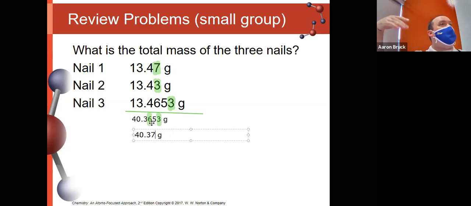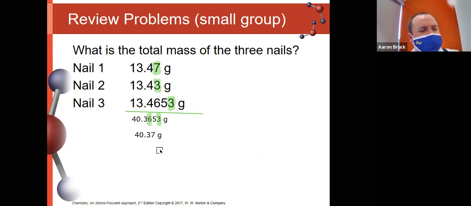And the rule that we use here is 5 and up. If the number next to that uncertain digit is 5 or above, we're going to round it up to the next digit. If the digit is below 5, then we'll just leave it as it was.